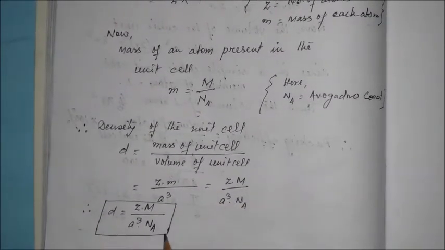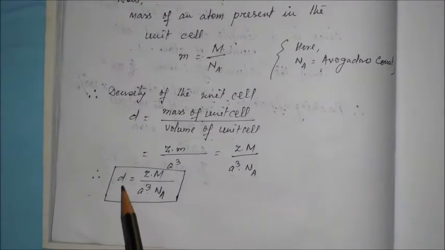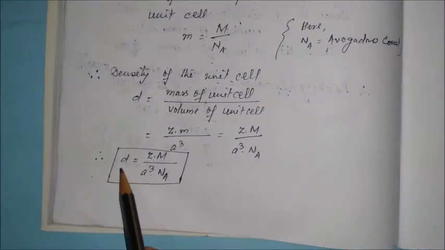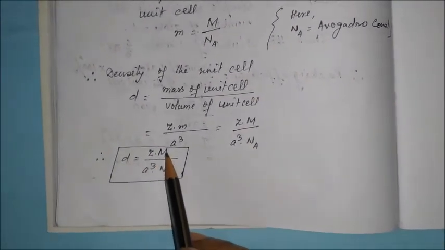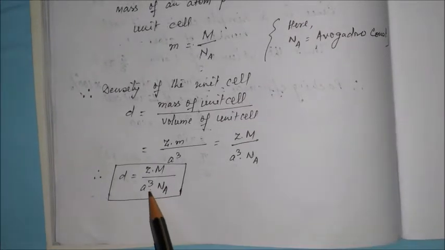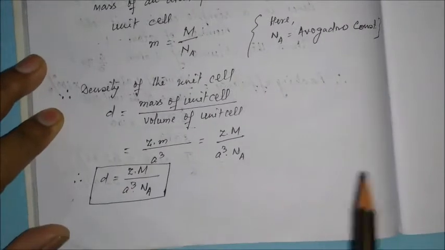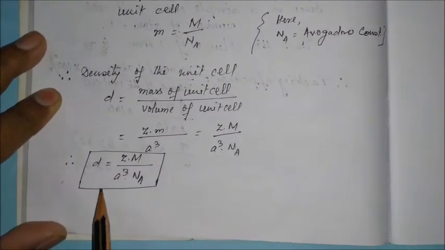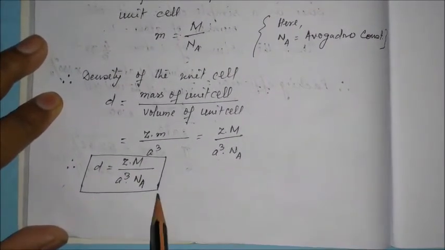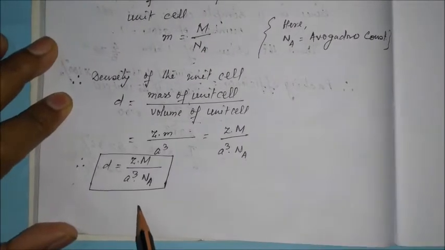This is the final expression for density. From this expression, if the values of any four are known, then the fifth can be calculated or determined.